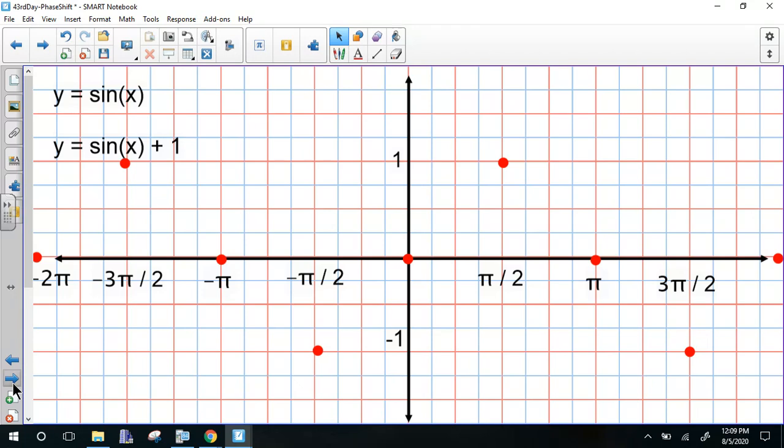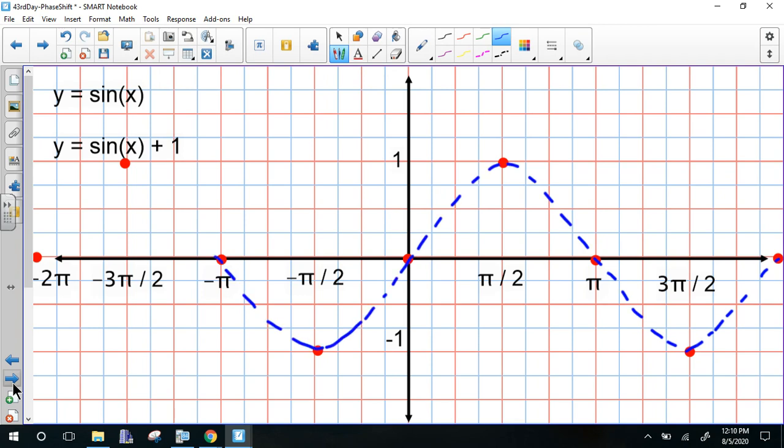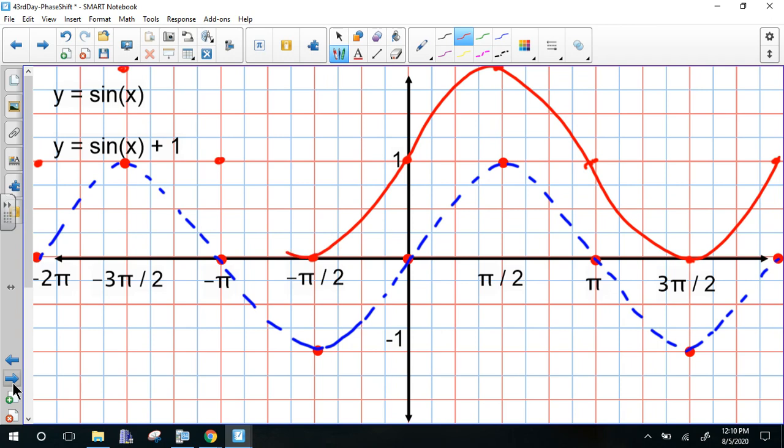So here's sine of x. And I'm going to take every point and move it up 1. And that is the graph of y equals sine x plus 1.